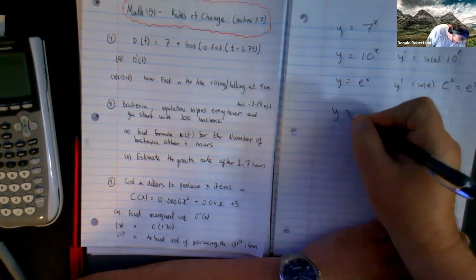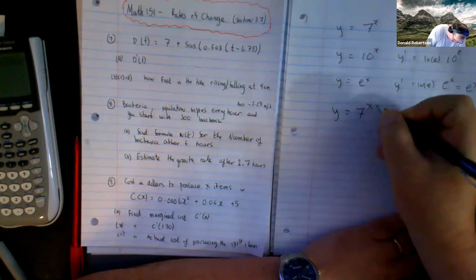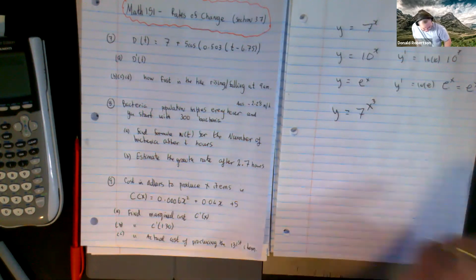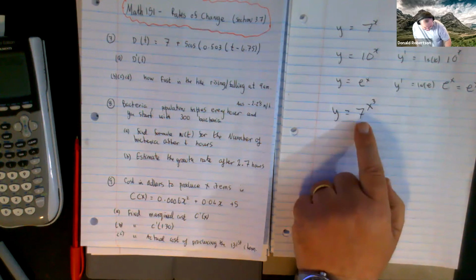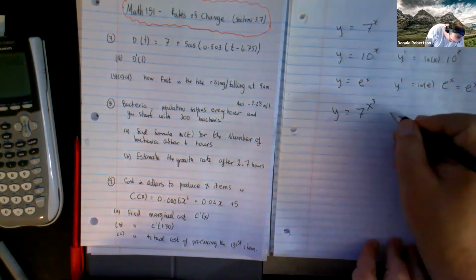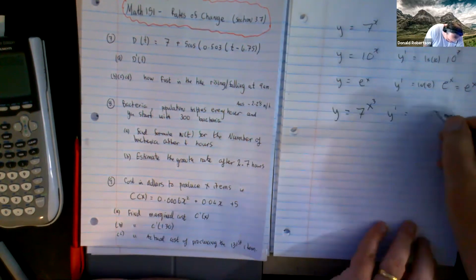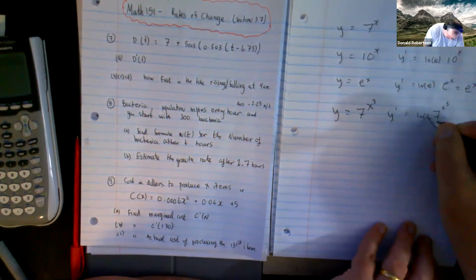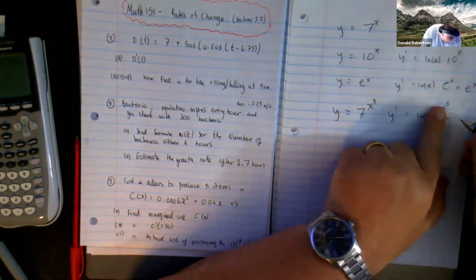Now, if somebody makes your life difficult and does that, you use the chain rule. It's not 7 to the x anymore, it's 7 to the something. So its derivative will be 7 to the something, with a natural log of 7 up front, followed by the derivative of that something.